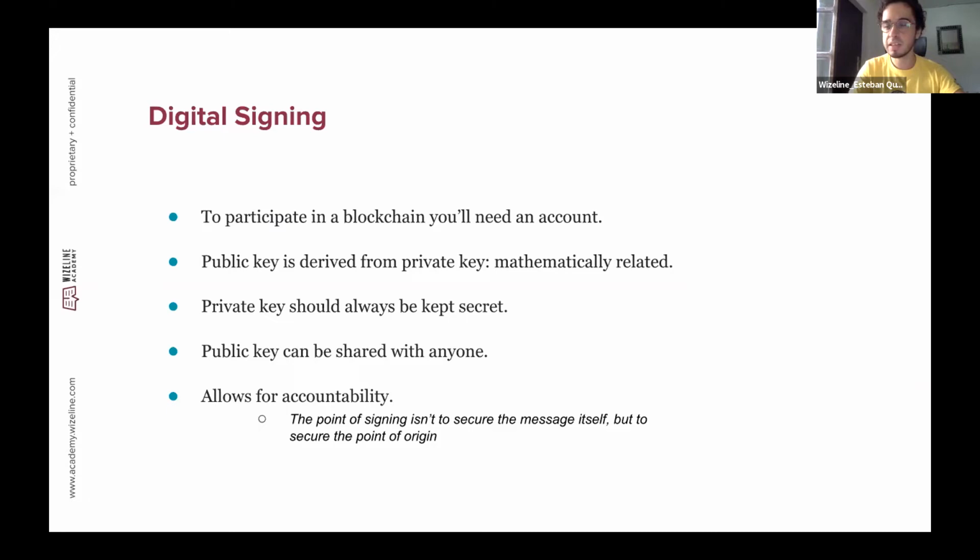These are mathematically generated. In a bank, it would mean your account. For example, on your plastic card, you have a number for your card, and also the 3 numbers in the back, right? So the public key is basically the one that you could share with anyone.